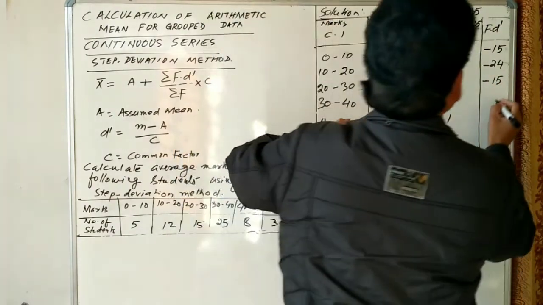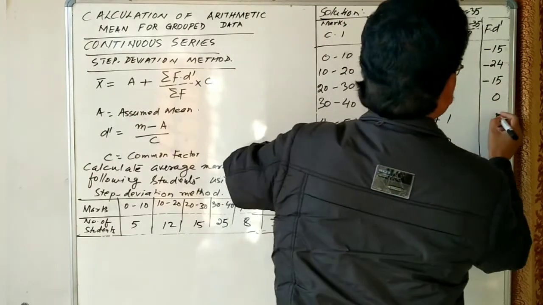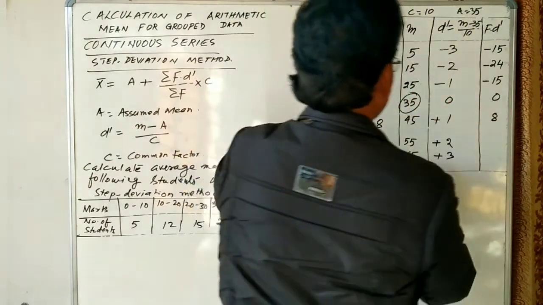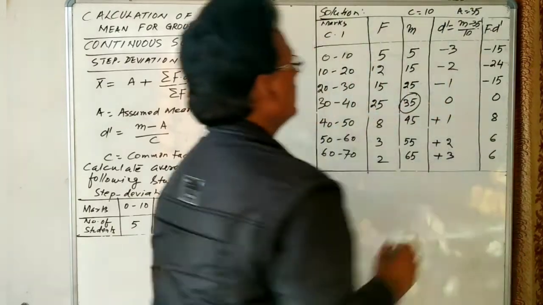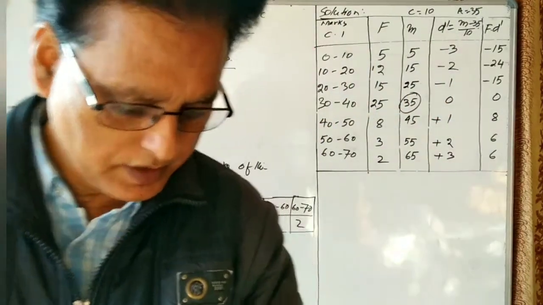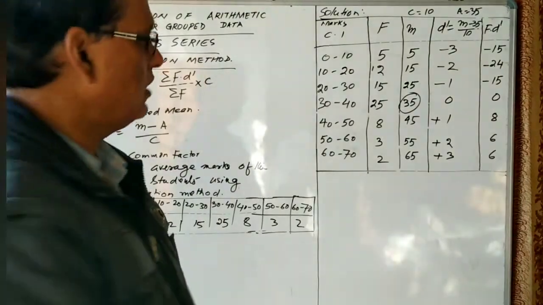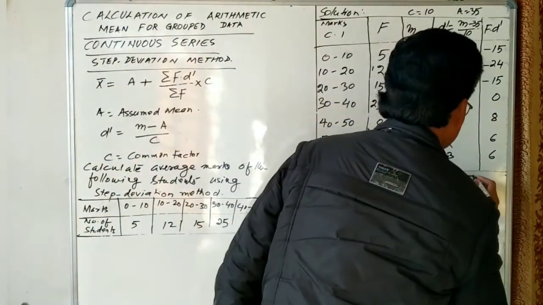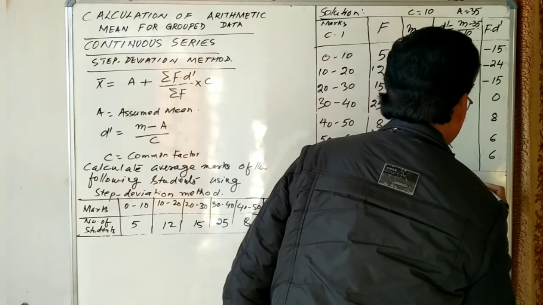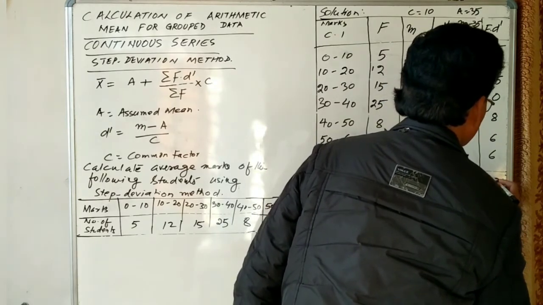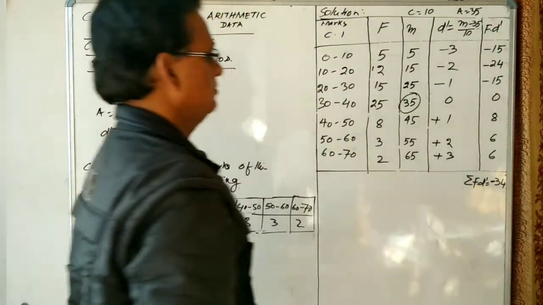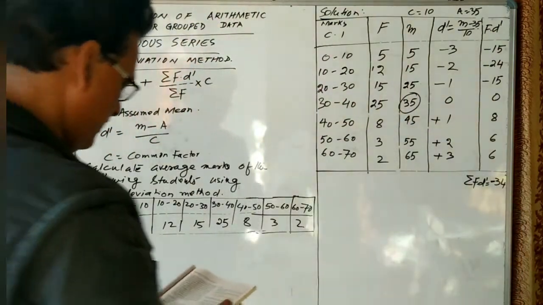Then this is 0. Then 8 times 1, 8. Then 3 times 2, 6. 2 times 3, 6. We can calculate the differences, and if you find out the sum of f d dash, you will get minus 34.